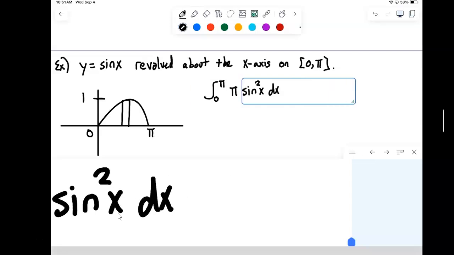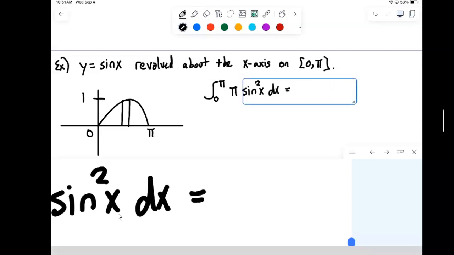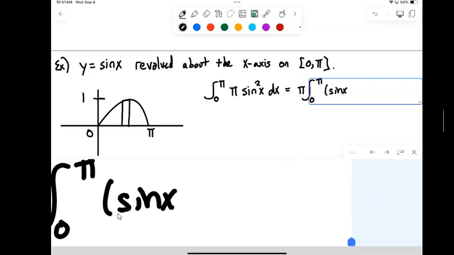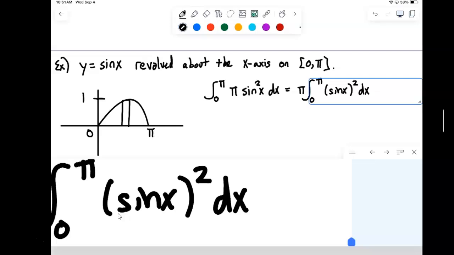Or, if you want, pi times the integral from 0 to pi of the sine of x squared dx.